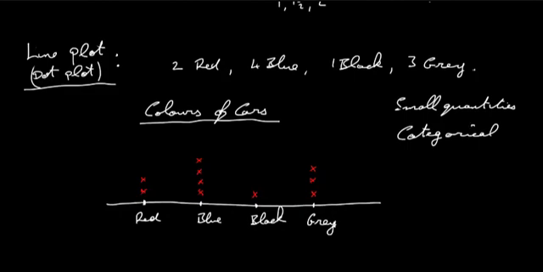It'll be used for categorical data, or you can also use it for discrete numerical data. So that's your line plot or dot plot.